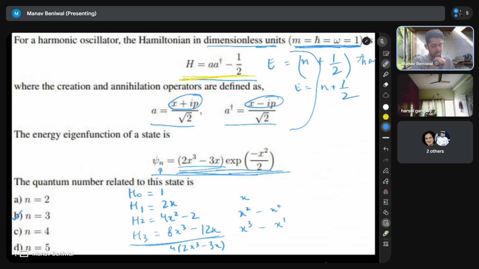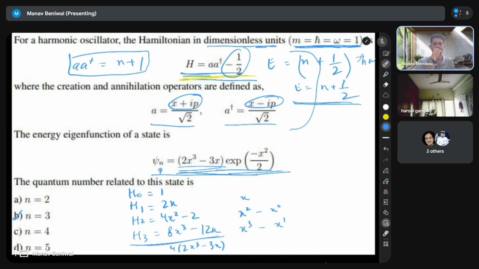Now if you compare these two, the Hamiltonian and the energy, you can clearly see that this a dagger a will give you n plus 1. Only then these two will match, because here you have minus half, so we'll need n plus 1 to counterbalance this. So in this sense you can use this, but if you already know this, then it is not necessary. Okay, sir.